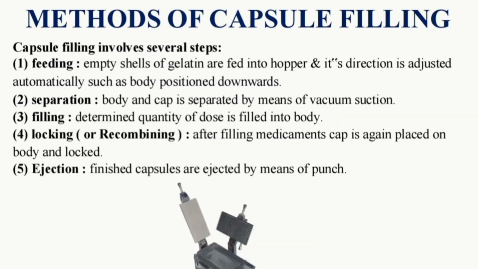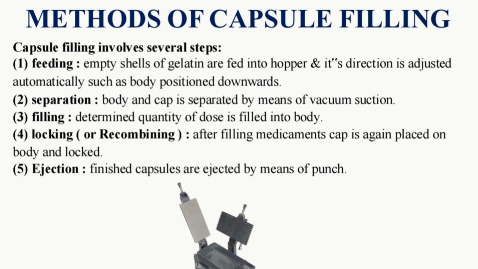Here are the methods of capsule filling. Capsule filling involves several steps. First one is feeding. Empty shells of the gelatin capsules are fed into the hopper, and their direction is adjusted automatically, with the body position downwards. Then separation. Body and cap are separated by means of vacuum suction, and then after separation the filling is done.